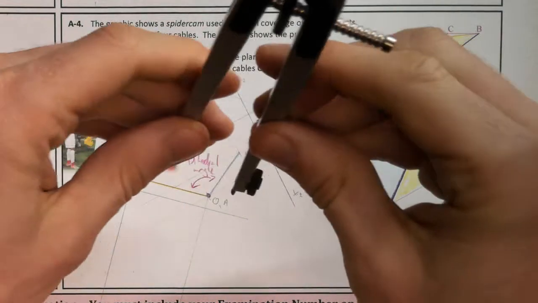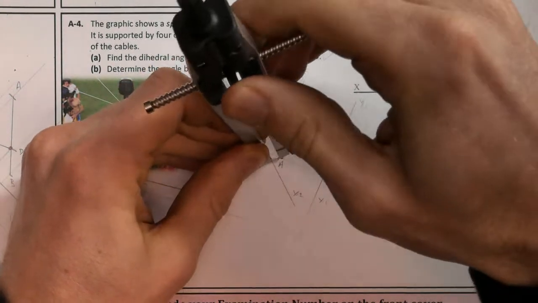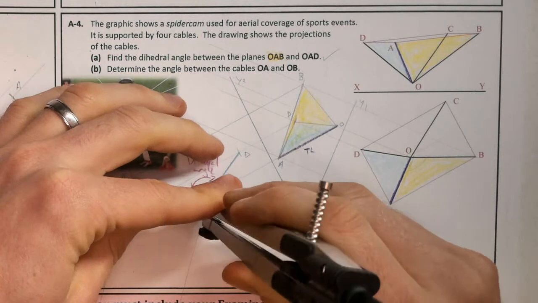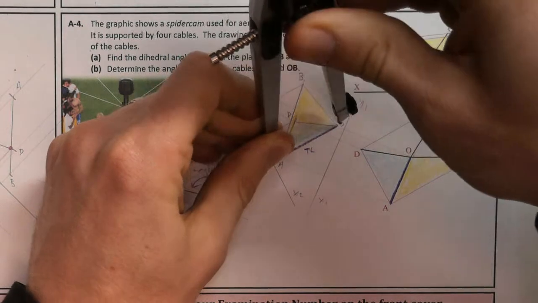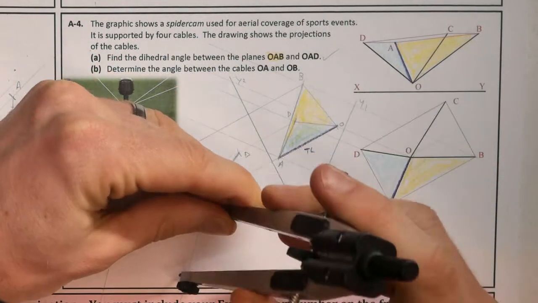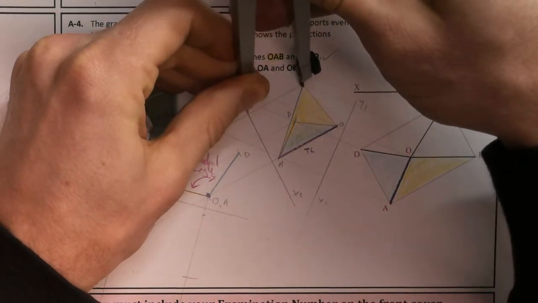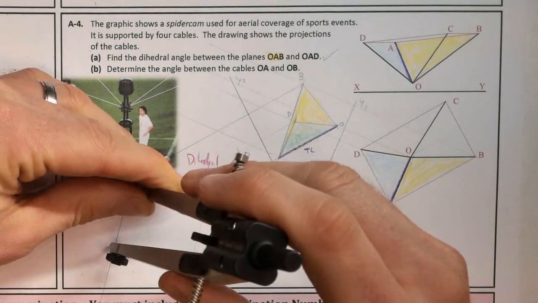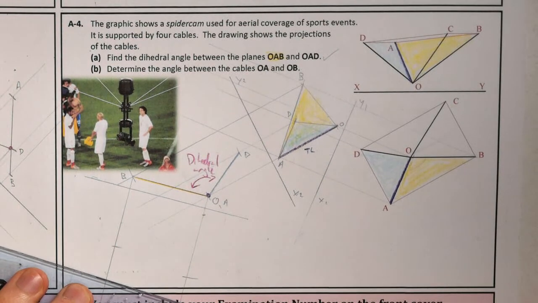So for point A, from my xy to A, and here is the position of A. My distance to O is going to be out here to O, and then the distance to B from x2, y2, and out to B. So that then finds us the true shape of that.